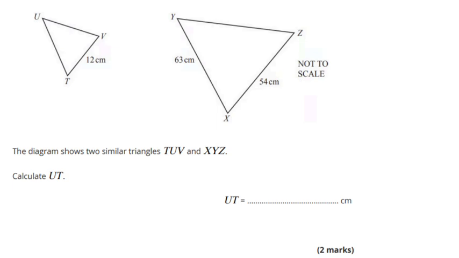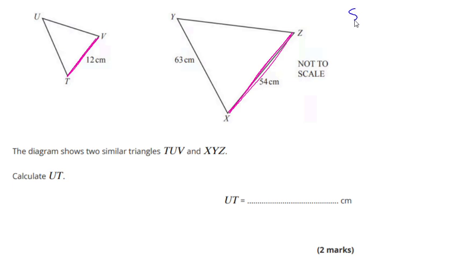Okay, well, the first thing we have to do is to work out the scale factor. So we need to find 2 sides, a side in the smaller shape and a side in the bigger shape that are in the same place. It's the same side, and then we need to calculate the scale factor.